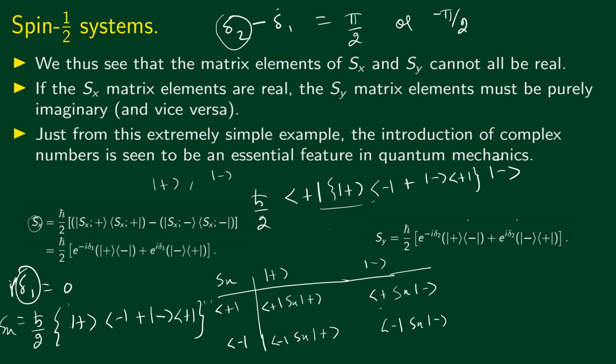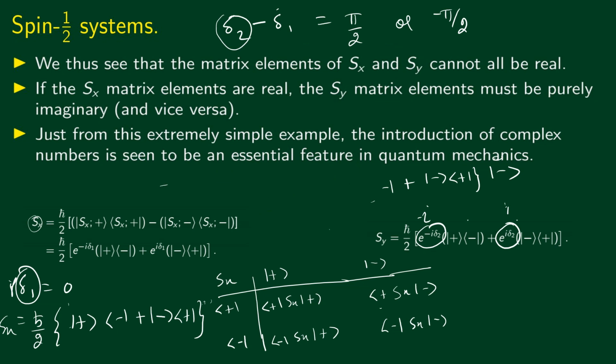If delta 2 is pi by 2, if you look at this operator here, this term will become minus i and this term will become plus i, which means that the matrix elements will not be real. So if I choose the matrix elements of Sx to be real by setting delta 1 equal to 0, that means that the matrix elements of Sy cannot be real, because these phase factors will introduce minus i and plus i here. I hope this is clear. That's the reason why we say that the matrix elements of Sx and Sy cannot all be real.